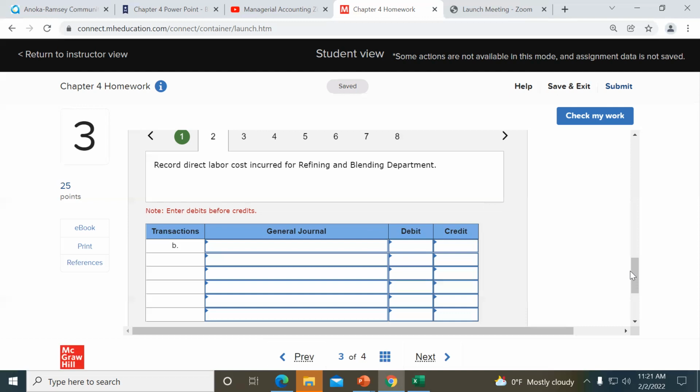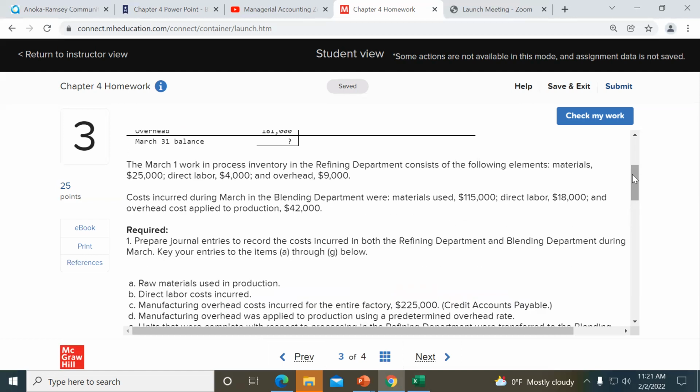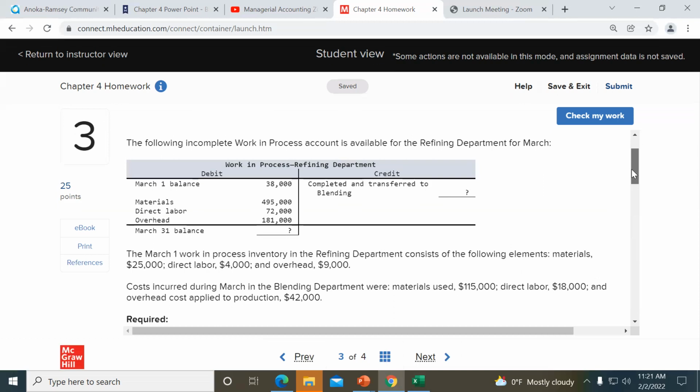Okay, what do you guys have for the labor? Work in process refining is what? 8,000. For the refining department? 4,000.